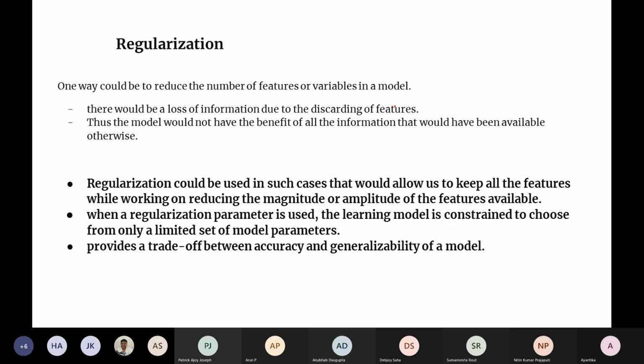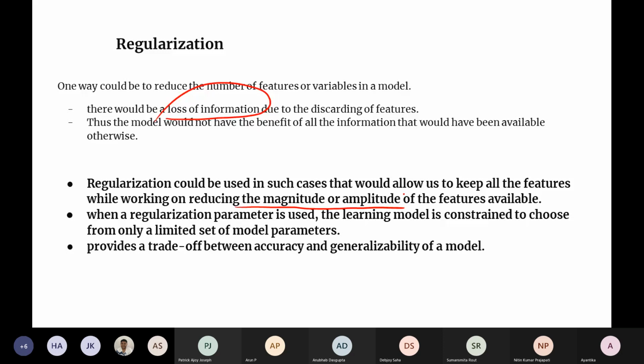Okay. Now when we take the step of discarding features, there is some associated loss of information. Maybe it is not using all the information, or it is not getting the effect of all the information we have. So regularization could be used in such cases, allowing us to keep all the features while reducing the magnitude or amplitude of the features available.